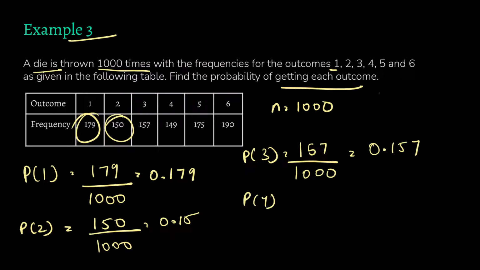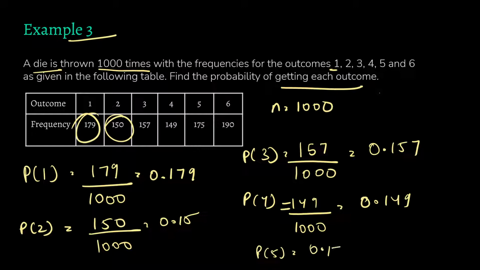And for 4, we have 149, that is 4 has come out 149 times, over 1000, this is 0.149. Now our 5 is equal to 0.175, right? Because 175 divided by 1000, and our 6 would also come out to be 0.19.